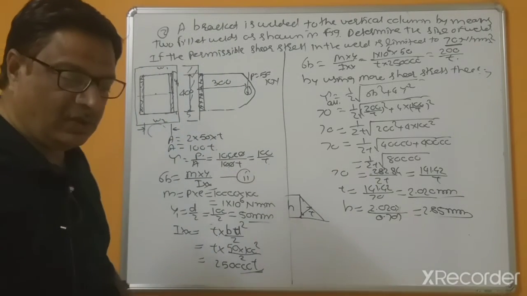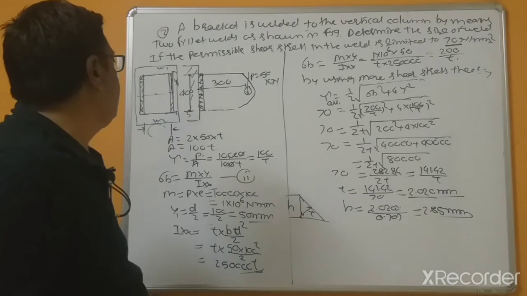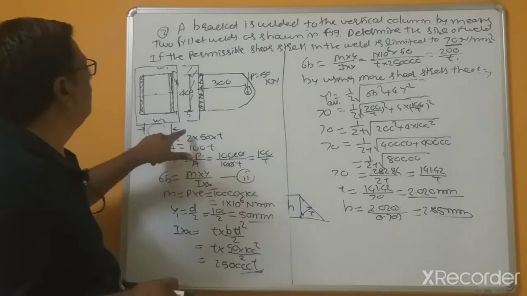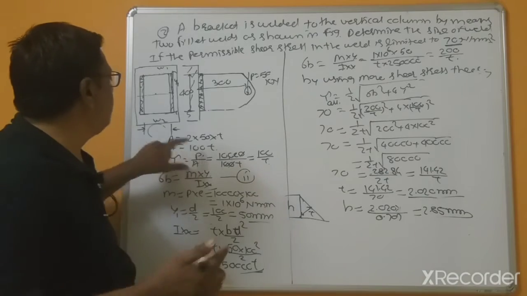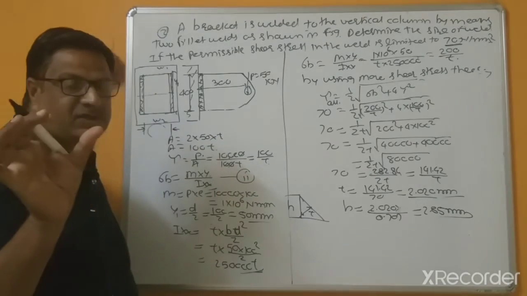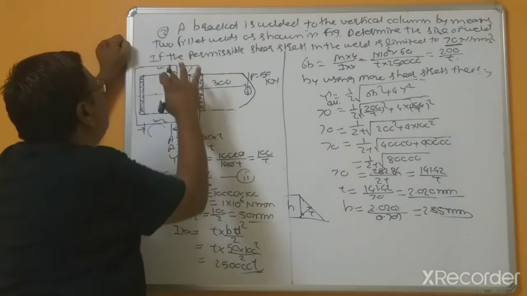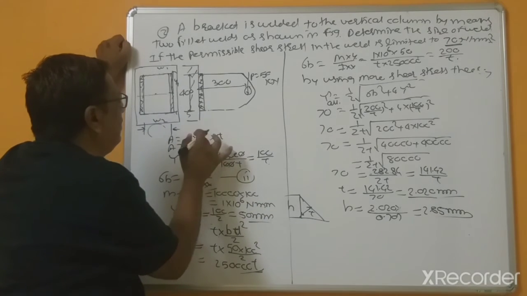Now what are the changes to be made? The area equals 2 welds, so 2, and in the previous case width equal to 50. Now in this case the depth equal to 400.